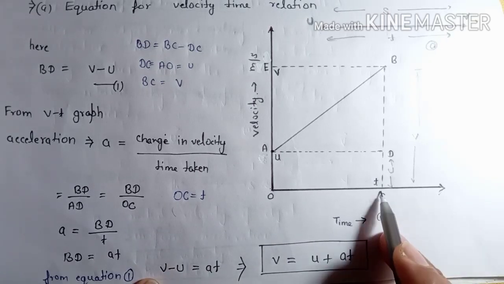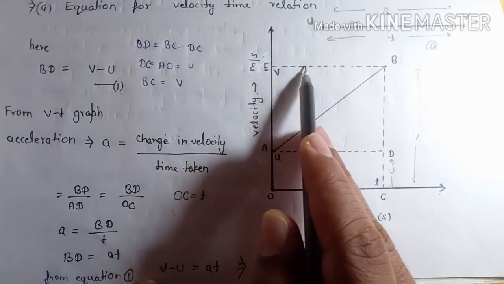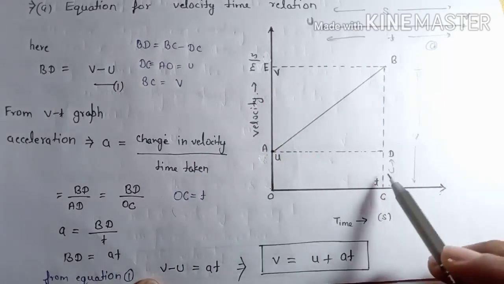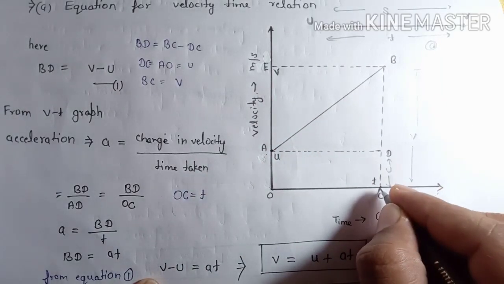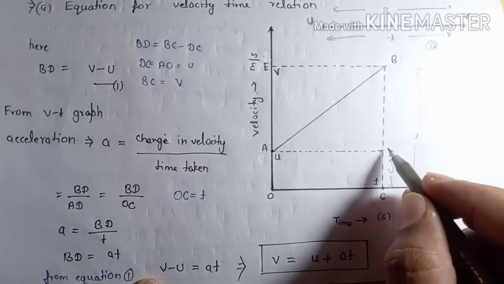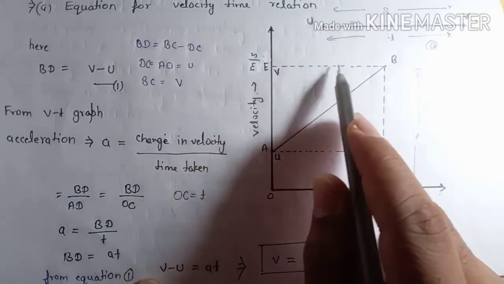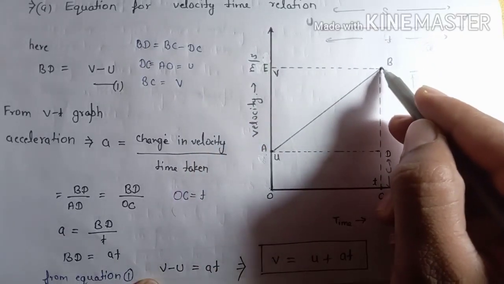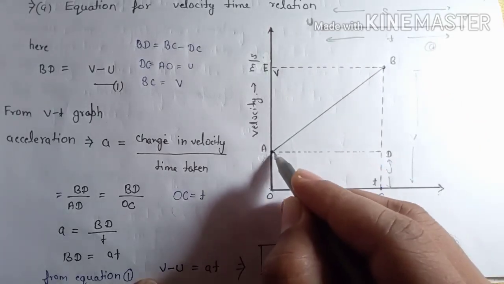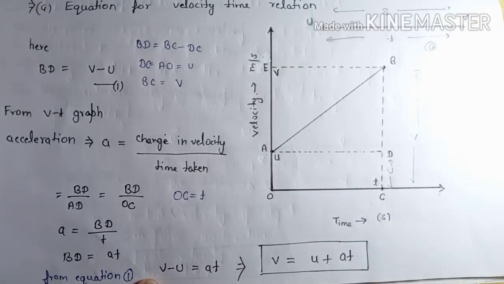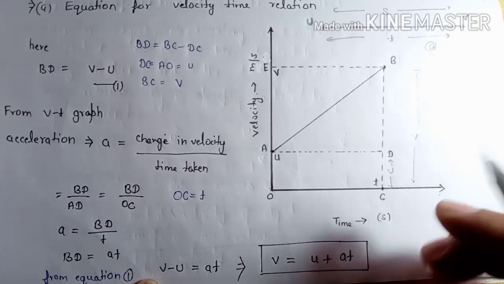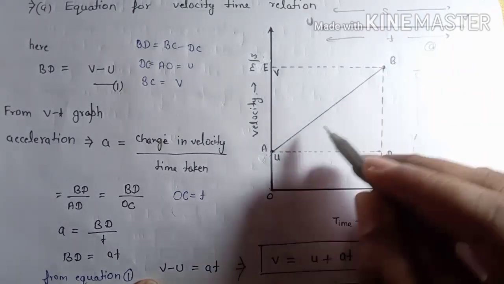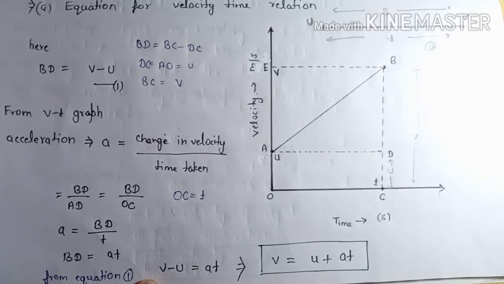After time t, velocity becomes v, and if this is the point for time t, you can see that these two lines intersect here at point B. And you know that under uniform acceleration the graph is linear, so join these two points, and you will get the graph of the velocity under uniform acceleration.